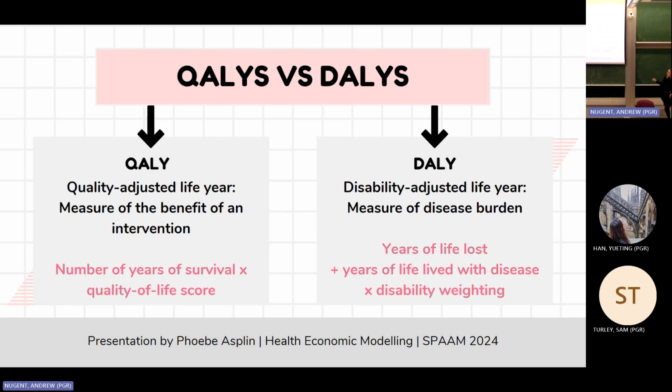And this is more commonly used in lower and middle income countries, whereas in the UK, we would predominantly just use QALYs. It is slightly different in terms of how it's calculated, and you can get different results if you use one or the other. But all of the methods that I'm about to talk about can be applied regardless of whether you're using QALYs or DALYs.